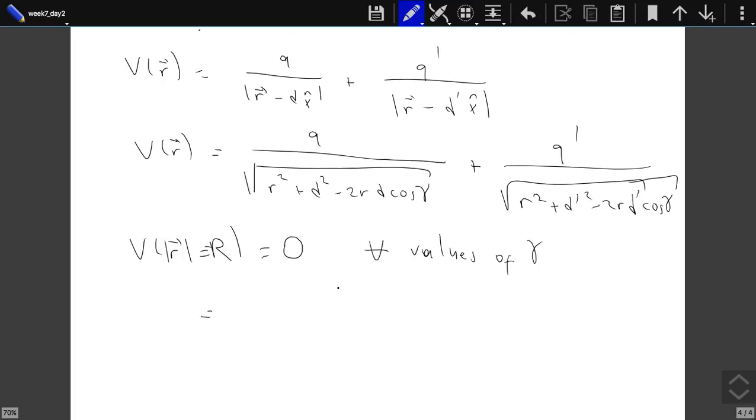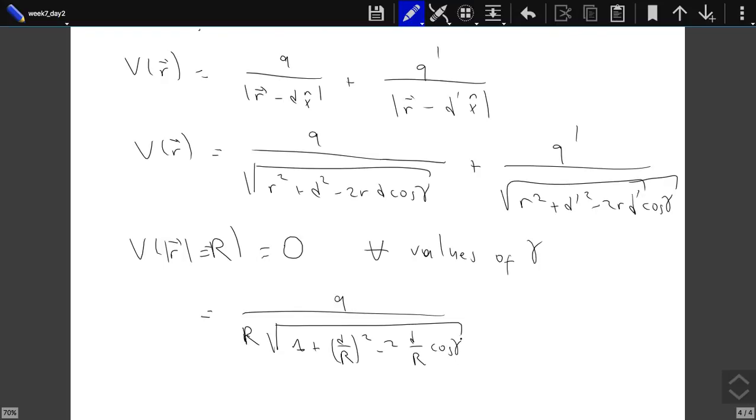Or what you can do is just observe this: q over r square root of 1 plus d over r squared minus 2 d over r cosine gamma plus q prime over d prime square root of 1, or let me do it the other way around.